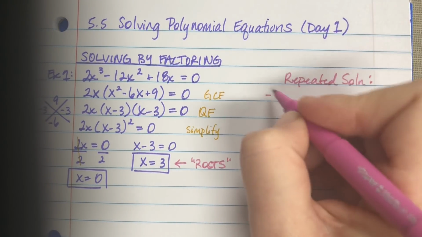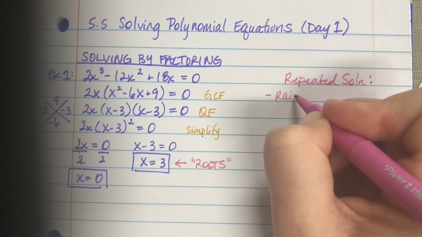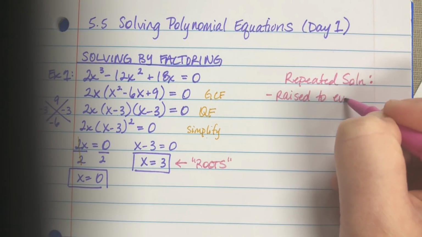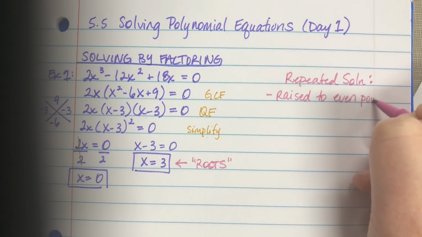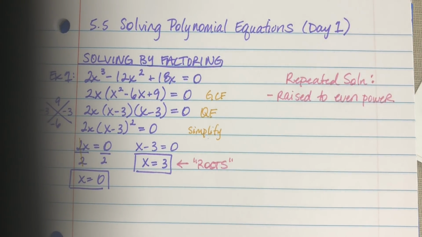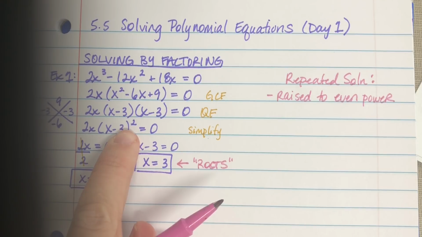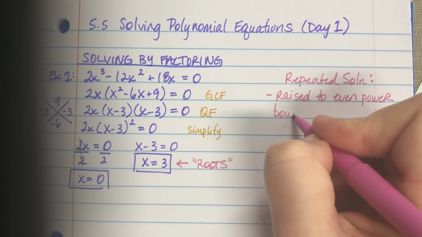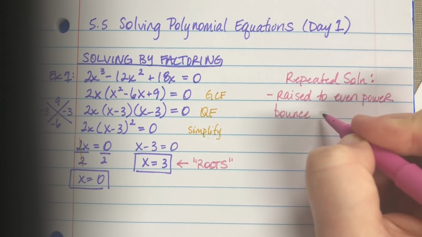Repeated solutions. If it's raised to an even power, again, this would be an example of one raised to an even power. When you graph it, it's going to bounce off of the x-axis.